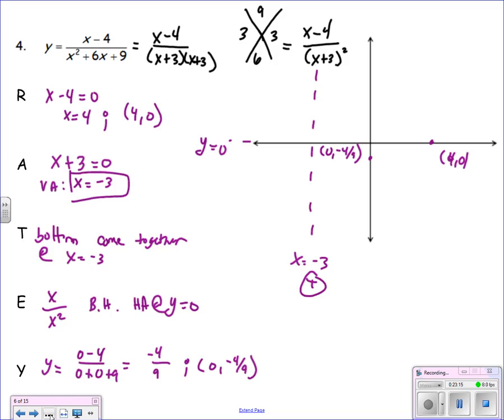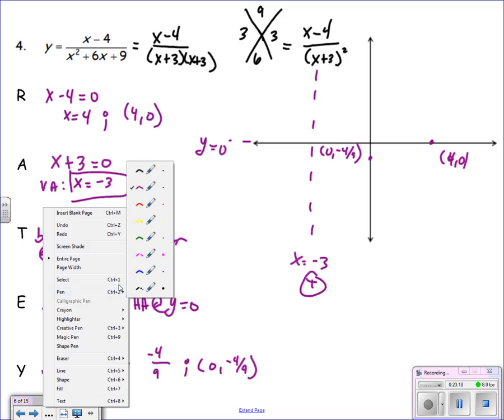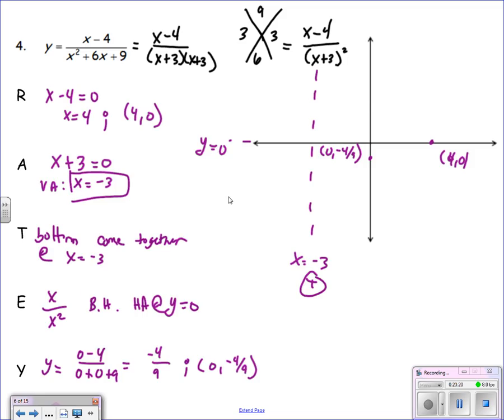Now we're going to graph it. And this one is kind of strange because we have a y-intercept and an x-intercept, and our x-intercept is on our horizontal asymptote. Pretty tricky. Remember, we told you asymptotes you're not supposed to touch. But there are certain circumstances where you do touch a horizontal.